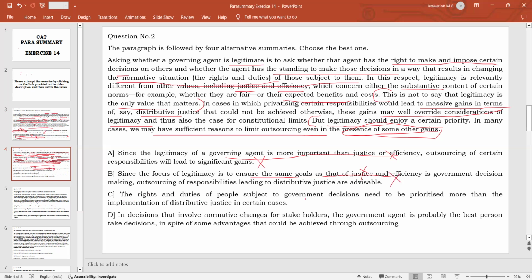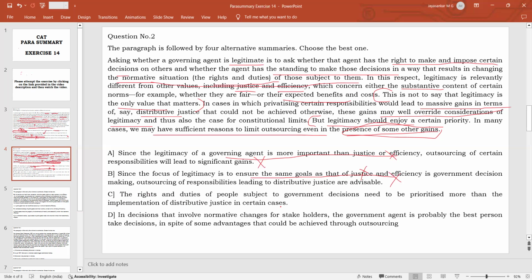Option C: The rights and duties of people subject to government decisions need to be prioritized more than the implementation of distributive justice in certain cases. So what is the meaning of this sentence? It says that the rights and duties of people subject to government decisions need to be prioritized. Who is taking care of the rights and duties of the people? Legitimate decision-making authorities.